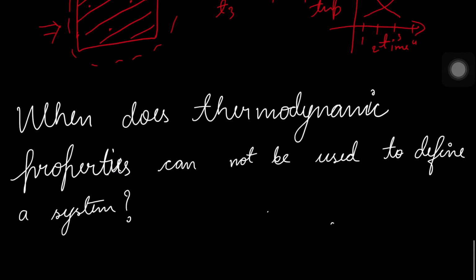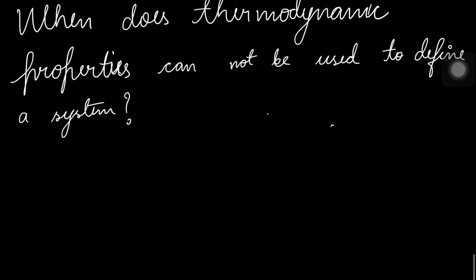We approach our next question and why we are reading this thermodynamic equilibrium. When can thermodynamic properties not be used to define a system? This is why we are trying to understand this, because classical and statistical thermodynamics assume that the system is in thermodynamic equilibrium.